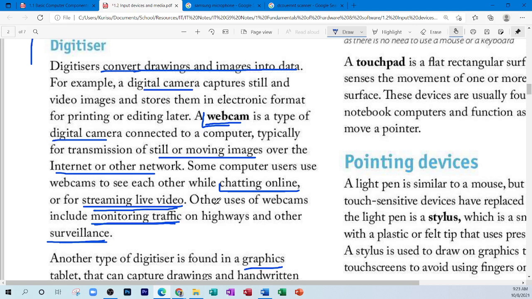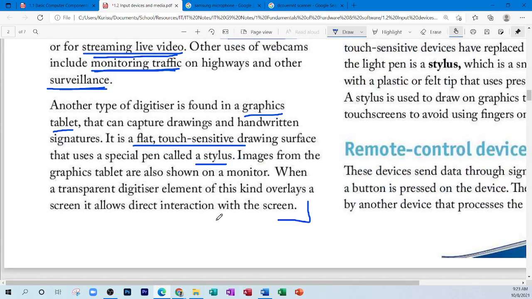Something like motion sensing. And even in some vehicles today, we have dash cams that can be used to act as monitoring the traffic and how we're driving and so on. So those are some additional uses of the webcam.